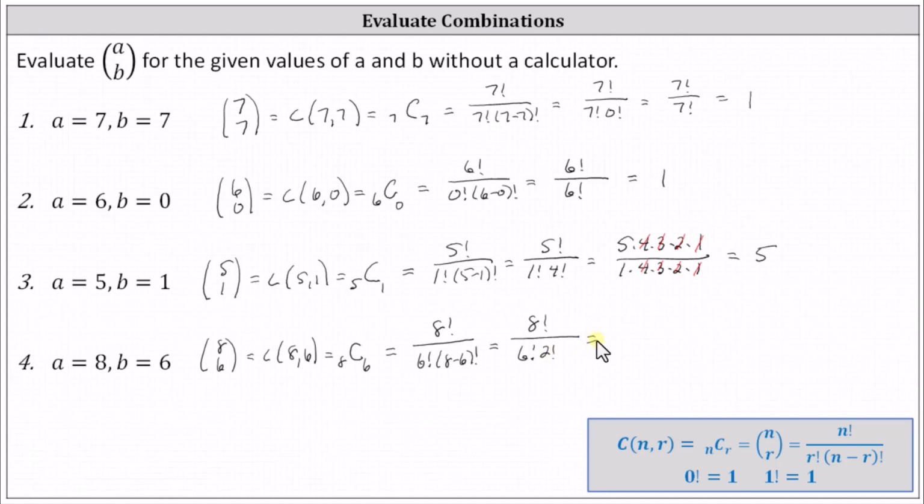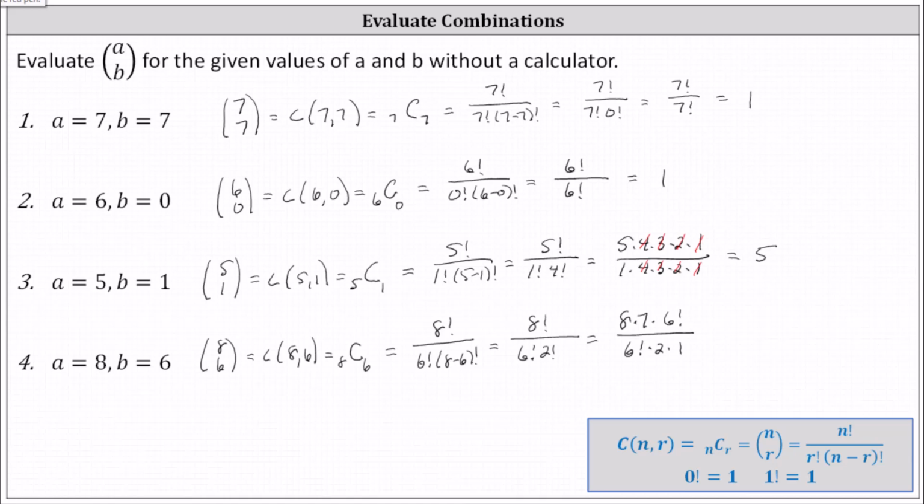Let's simplify. Instead of writing out all the factors of 8 factorial, let's write 8 factorial as 8 times 7 times the remaining factors, which would be 6 factorial, and then divided by 6 factorial, and then we'll expand 2 factorial, which is equal to 2 times 1.